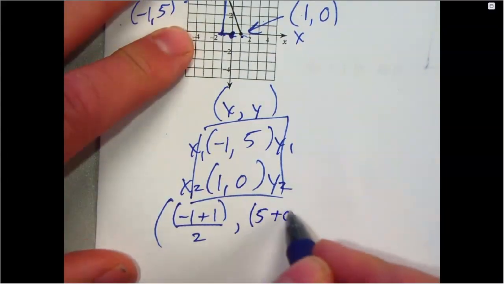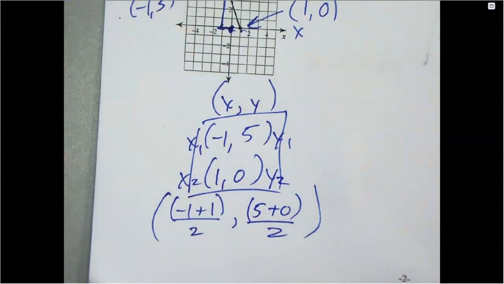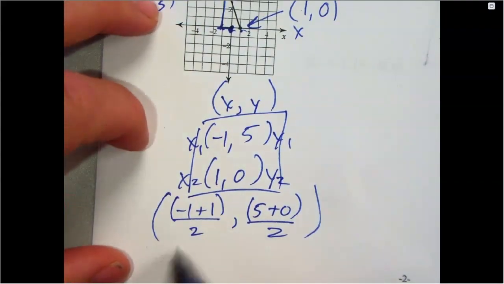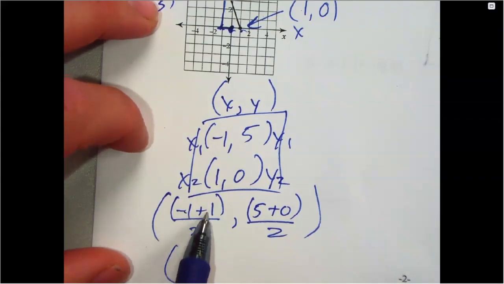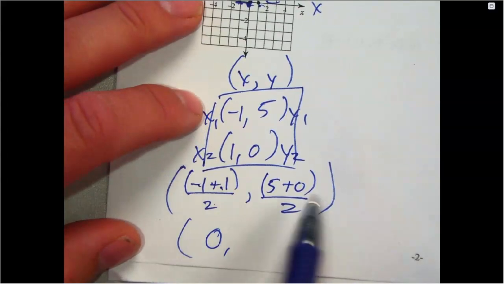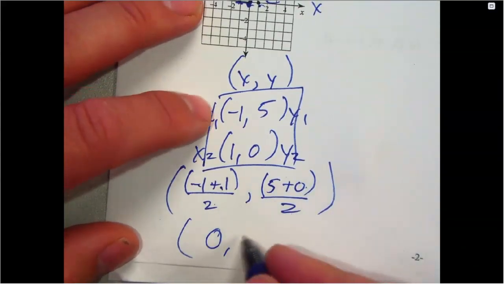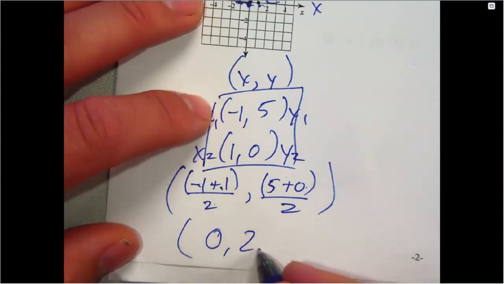I'm going to go 5 plus 0 divided by 2. So I'm going to figure out what those are. So what's -1 plus 1? 0. 0 divided by 2 is 0. 5 plus 0 is 5. 5 divided by 2. This would be 2.5.